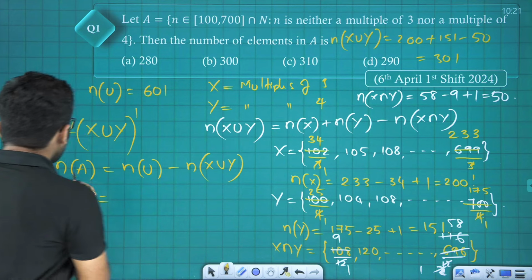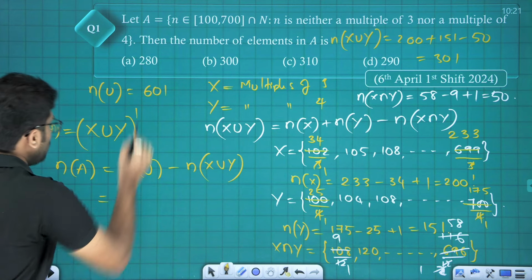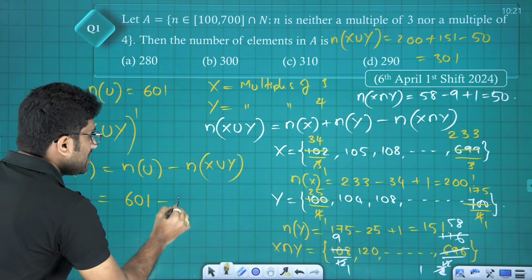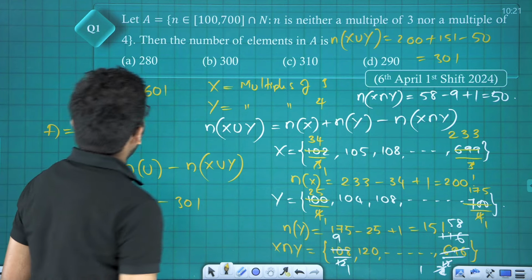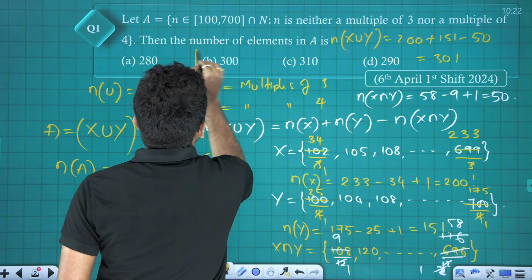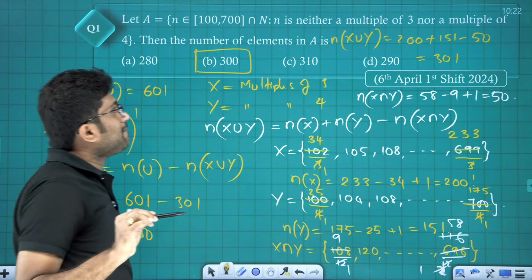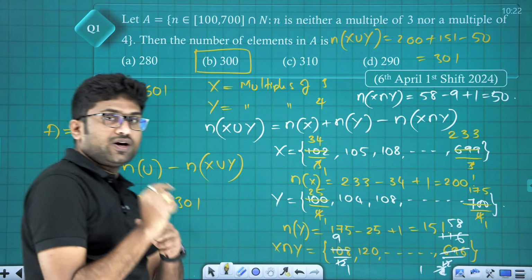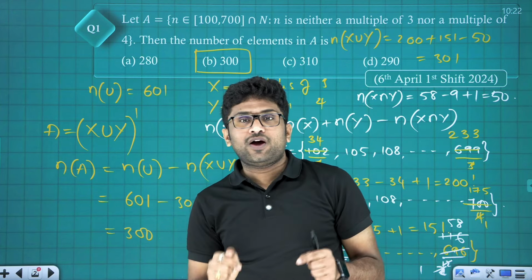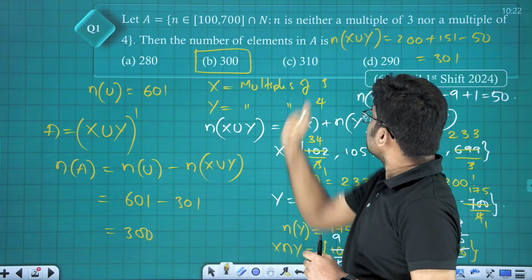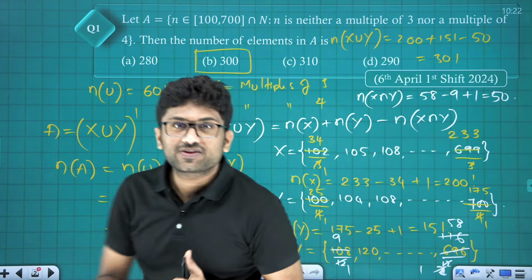So the number of elements in A is 601 minus 301, which is equal to 300. So the answer is option B, friends. The total number of elements in the set from 100 to 700 which is neither a multiple of 3 nor a multiple of 4 is 300, friends. Clear? Next question.